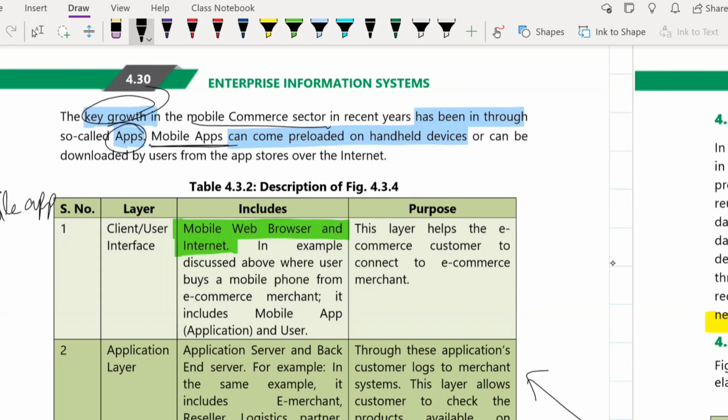So that helps in the growth of e-commerce. Usually these mobile apps, through which the e-commerce websites work, are preloaded on handheld devices, like how Facebook or Instagram is preloaded onto any phone. The same way, Amazon and Flipkart might also be preloaded on your handheld devices.